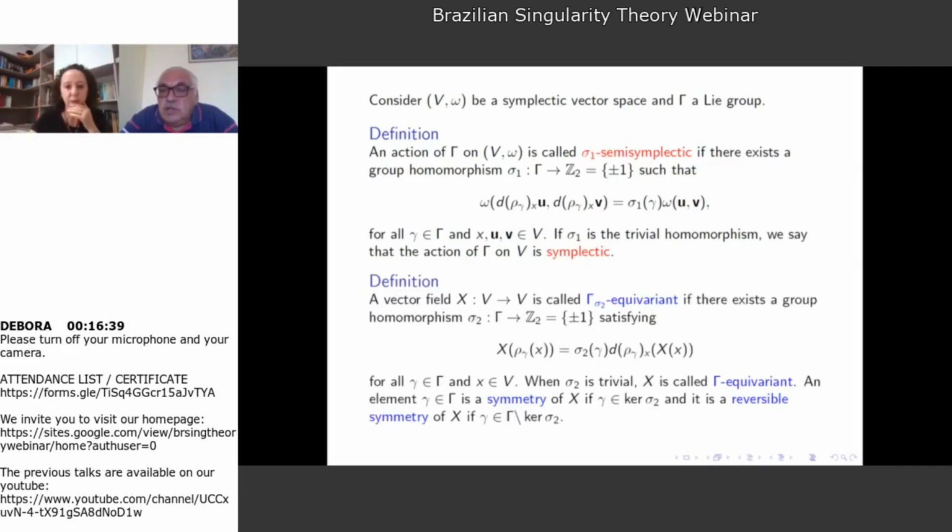Could I interrupt again? Yes. The point is that if you have this kind of action, and there is a canonical isomorphism, then you can see what happens to a vector field by that action.